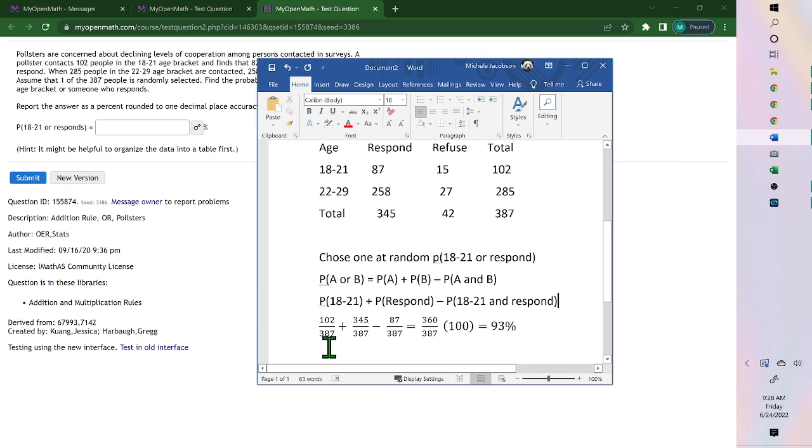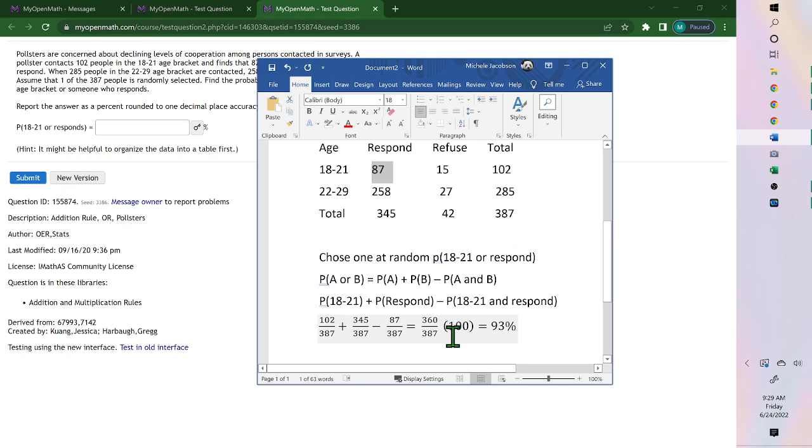That's the first fraction. The second one is the probability they responded, which is 345, because that's this column, out of the 387. Then we need to subtract the overlap. Age 18 to 21 and responded is this one here. And so that would be 87 out of the 387.